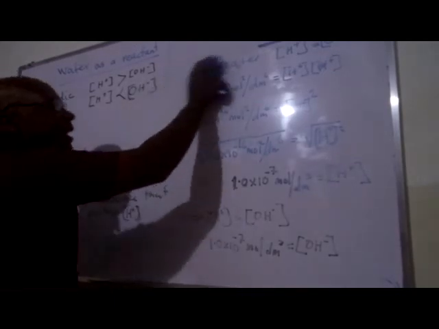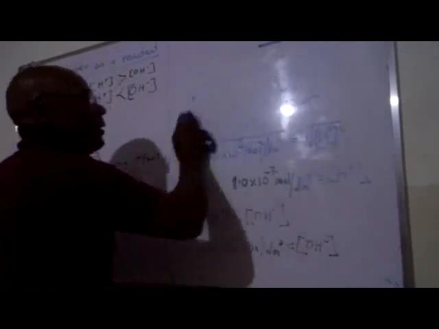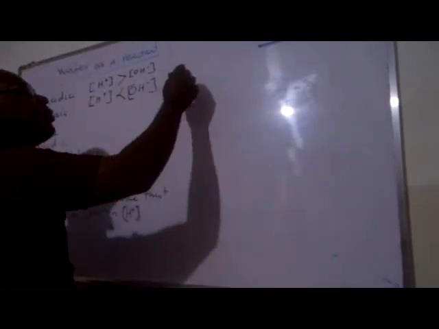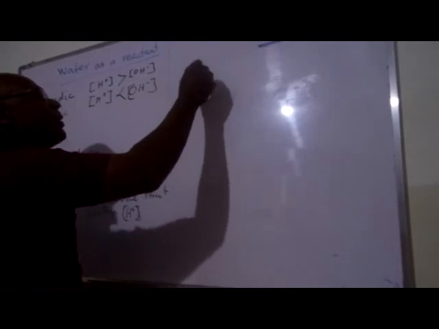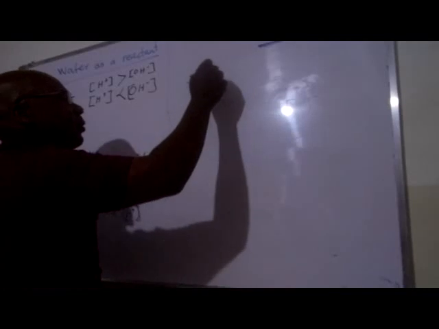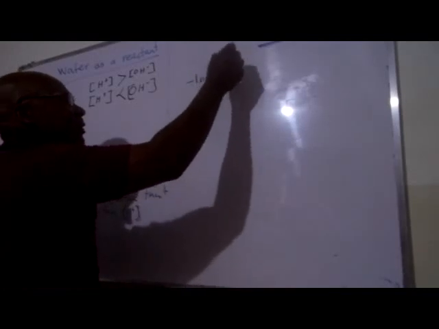So Sorensen came up with a way of expressing hydrogen concentration that is user-friendly to you and me. He introduced minus log to hydrogen ions.